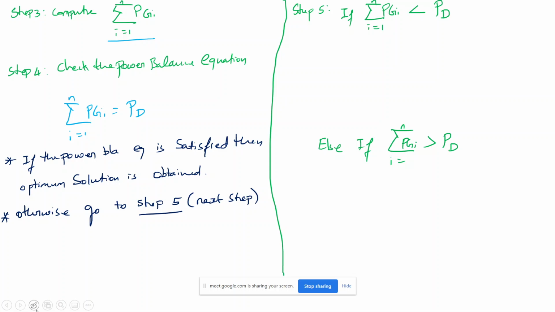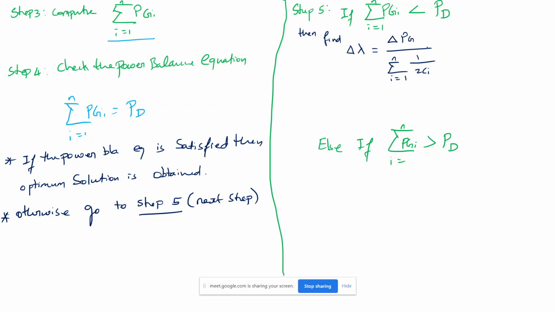Then the solution we can write here is: find the new lambda value, and the formula for this new lambda value is nothing but delta Pg divided by the summation i equals 1 to n of 1 divided by 2Ci.